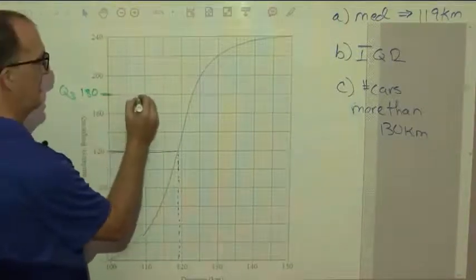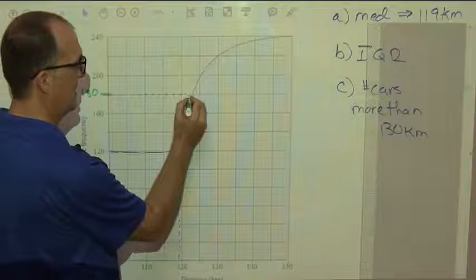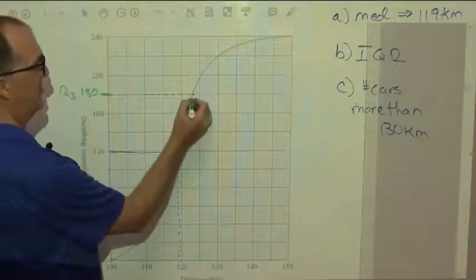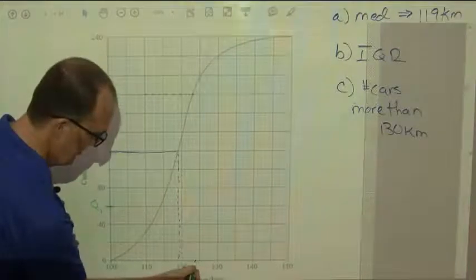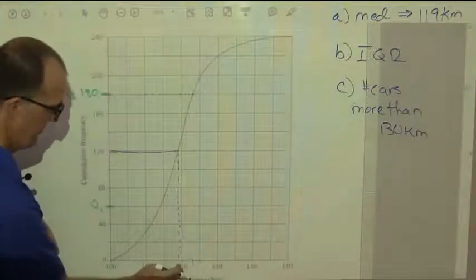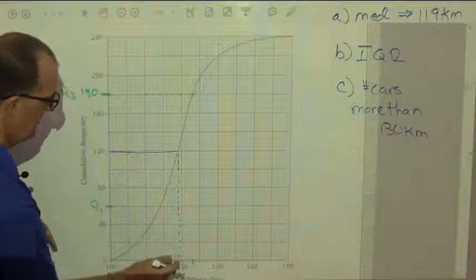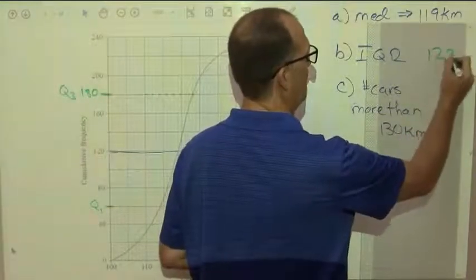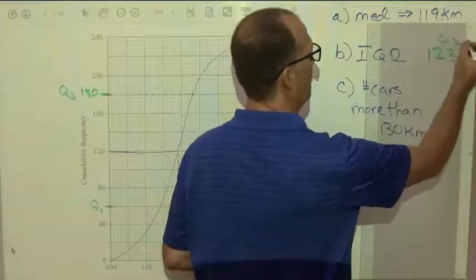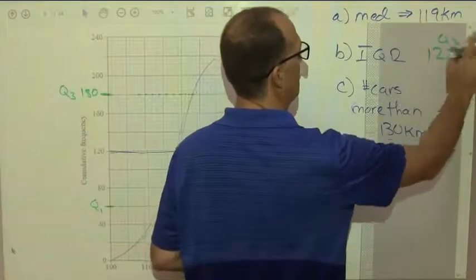And now again, I'm just going across, and I can see I'm now 2 squares away from this major line. So I'm going to drop down and go back and figure out that that is 120, 1, 2, 3. So we have 123, and it's always Q3 minus Q1.